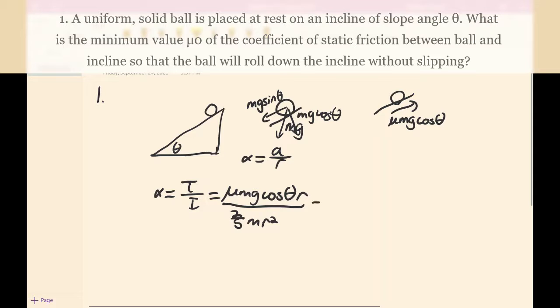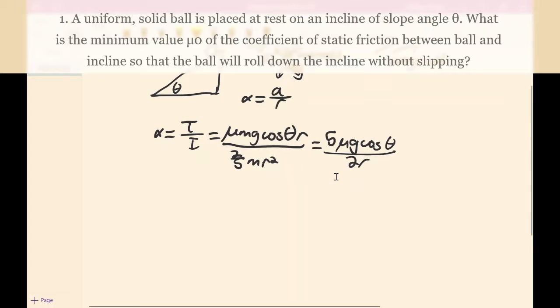And so alpha is equal to 5 mu g cosine theta over 2r. So then that means that this alpha is equal to a over r, so a would have to be 5 mu g cosine theta over 2.